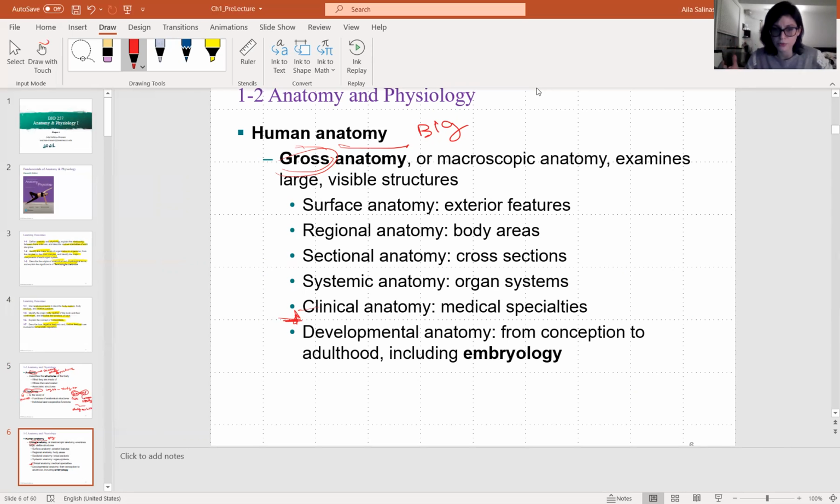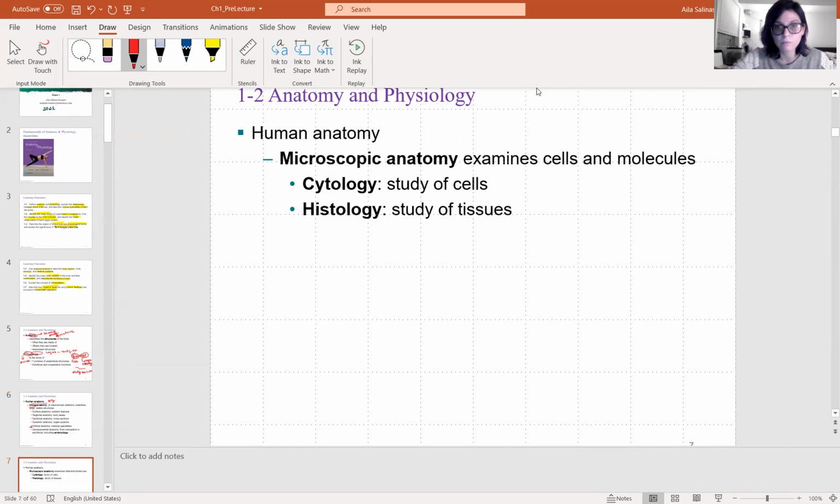We also have developmental anatomy that starts since the conception until the adulthood, because since we are embryos, our body is constantly changing, not just in size, but the structures also suffer modification during the developmental process.